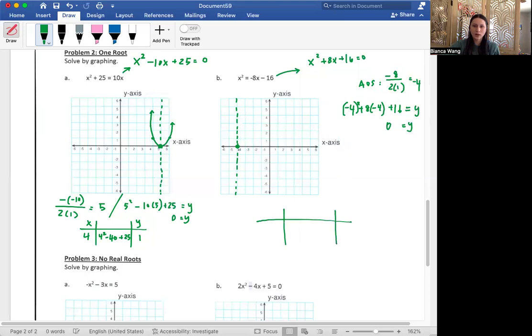So I know it's going to point upward. I might just take a look at where x would be -5. And so my equation will be -5 squared plus 8 times -5, which is -40, plus 16. So this should be, actually, there should be -40.